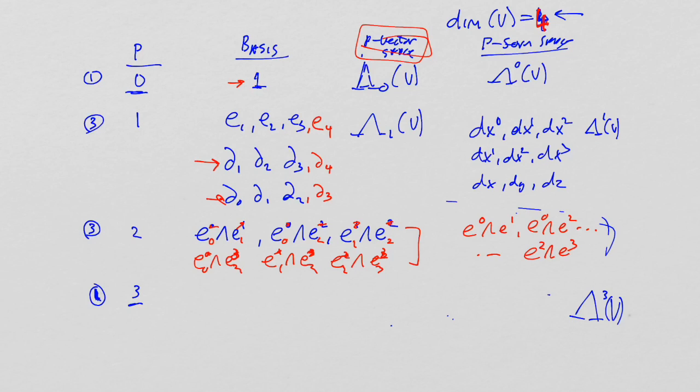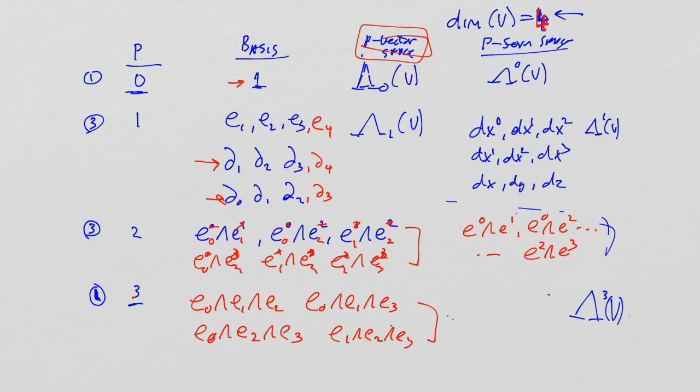So now with 4 dimensions, the 3 vector space is going to have E0 wedge E1 wedge E2, E0 wedge E1 wedge E3, E0 wedge E2 wedge E3, and then E1 wedge E2 wedge E3.